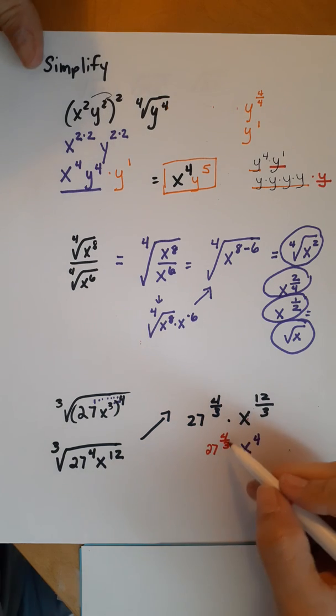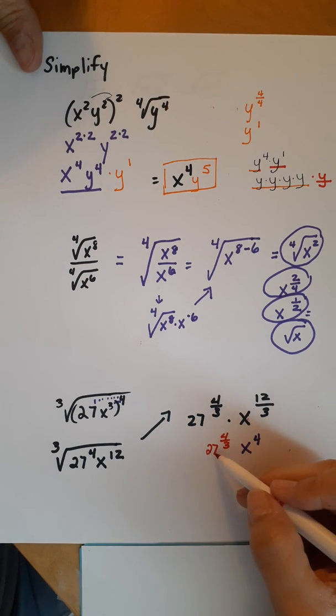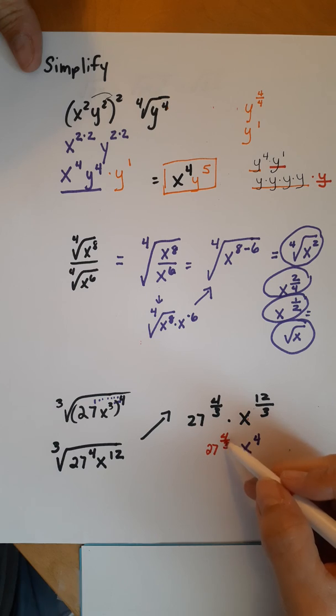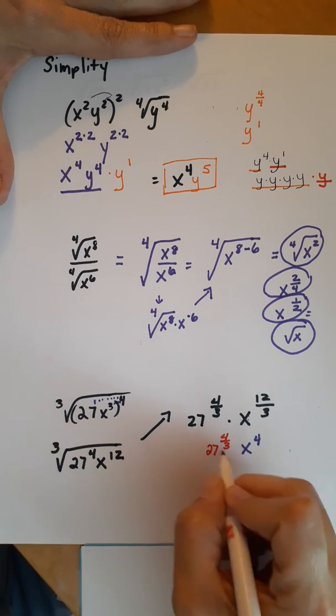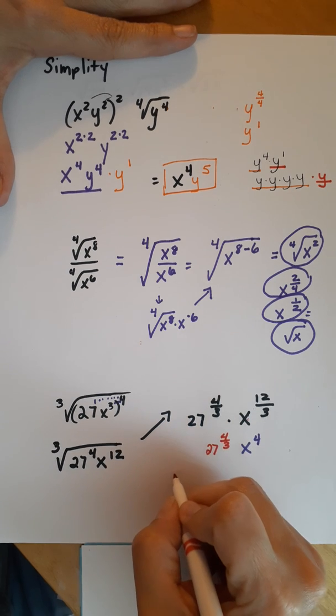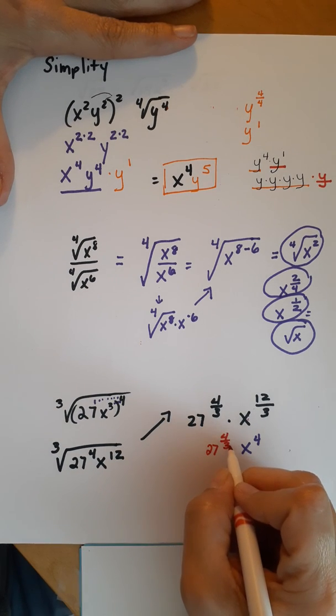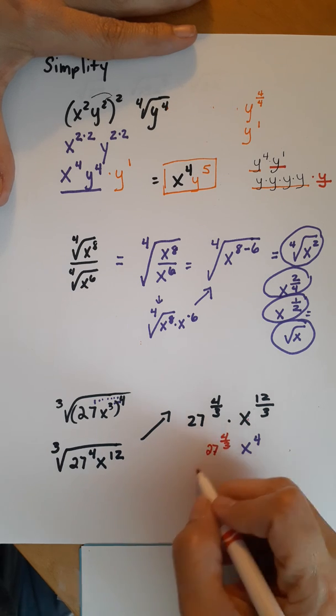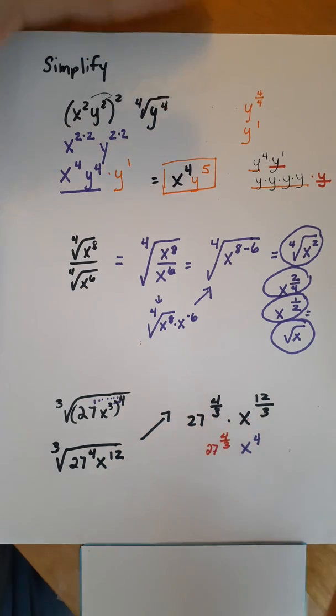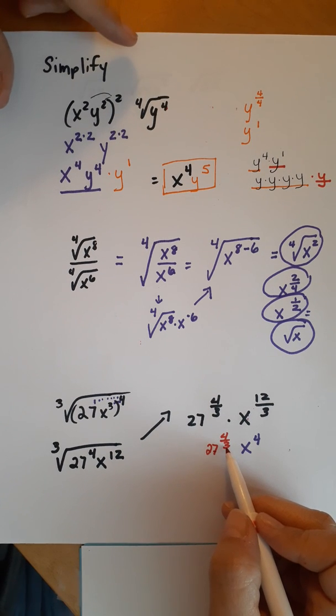Now, this basically means 27 multiplied by itself 4 times, right? I am going to look to change the 27 and break it down into a group of 3 numbers that can be multiplied by themselves.